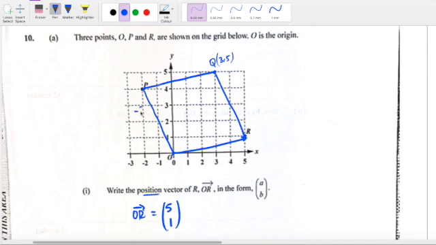So -2, 4, that is OP. We can see that OR is 1, 2, 3, 4, 5, 1.